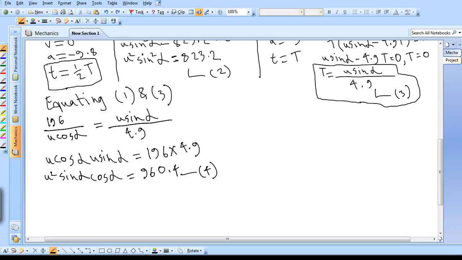So let us summarize things up. Here we can equate 1 and 3. That's because t is common. Here t is common, that's why we are able to equate equation number 1 and 3.